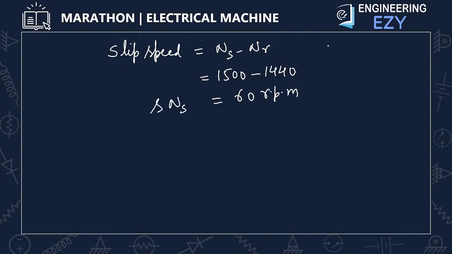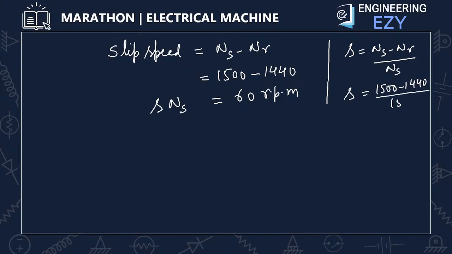Or you may calculate the slip of the first case as well: slip is NS minus NR upon NS, that is 1500 minus 1440 divided by 1500. So it comes out 0.04, or in the percentage form it is 4%.